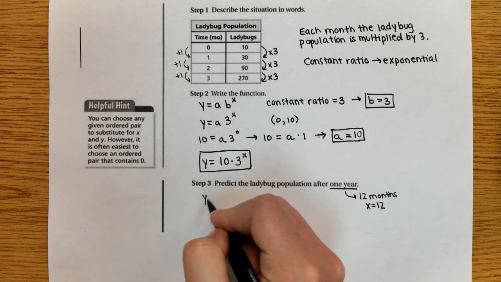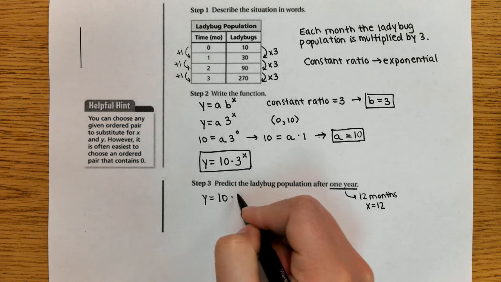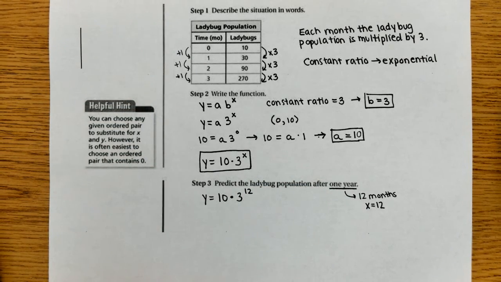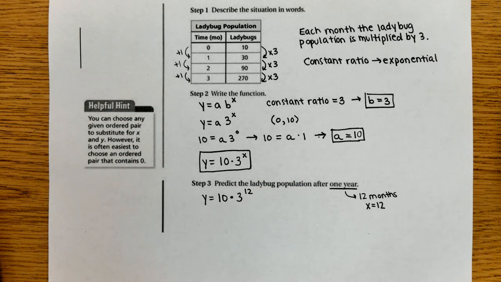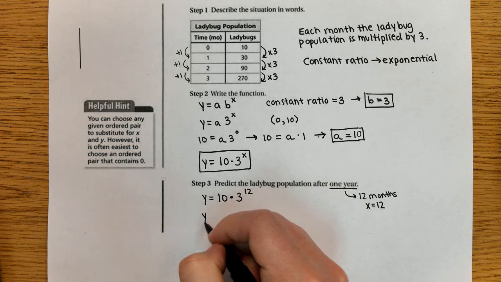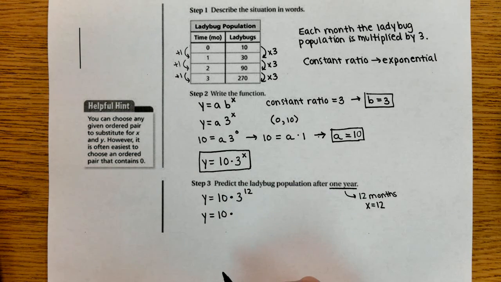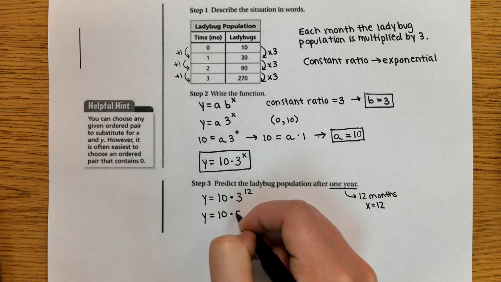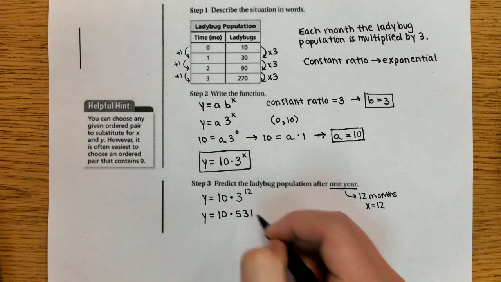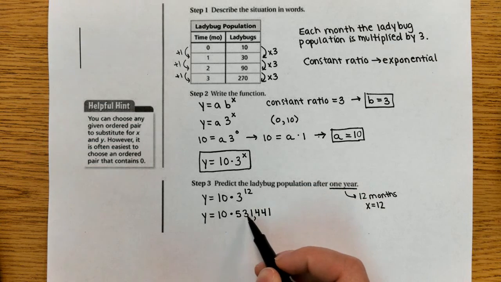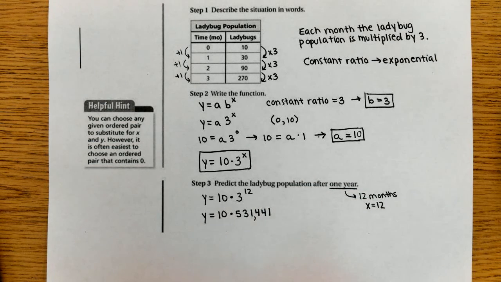So I'm going to have y equals 10 times 3 to the 12th power. By order of operations, I have to do my exponent first. So I'm going to have 3 to the 12th power. And that's going to give you a pretty large number. So 3 to the 12th power is 531,441.